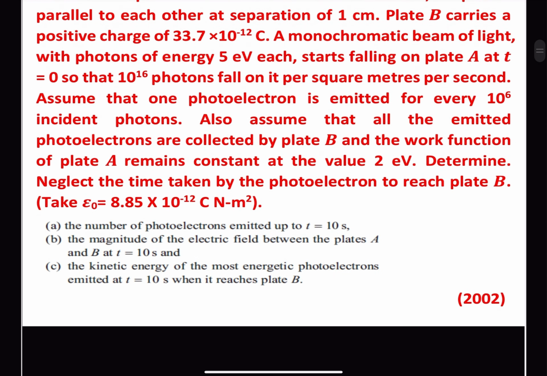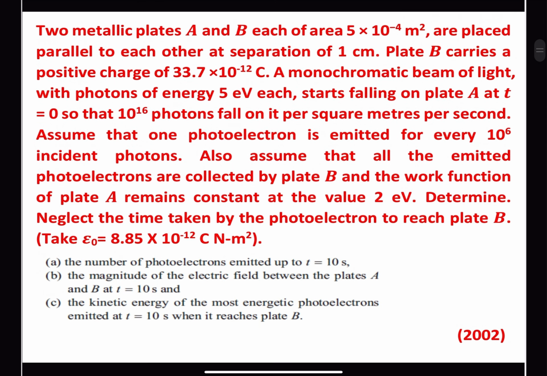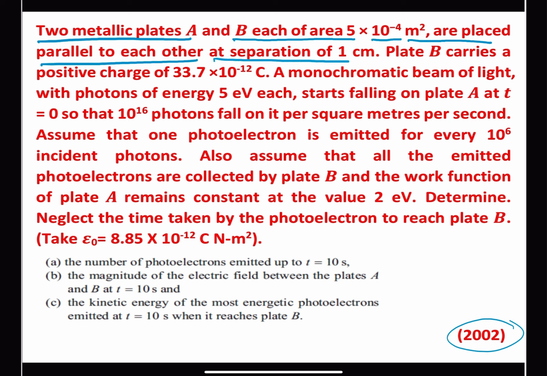It was also asked in the year 2002 and states that two metallic plates A and B, each of area 5 into 10 to the power minus 4 meter square, are placed parallel to each other at a separation of 1 centimeter. Plate B carries a positive charge of 33.7 into 10 to the power minus 12 coulomb.